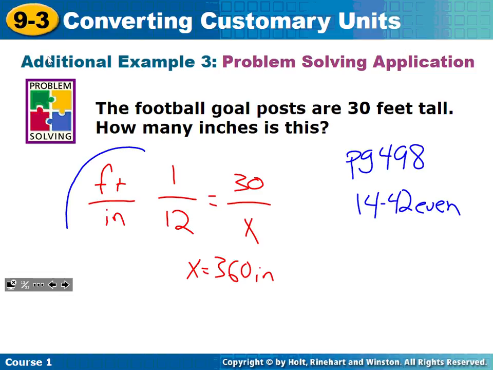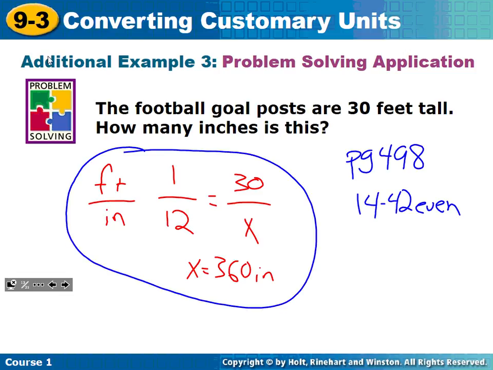Everybody, you have to understand this. Corbin, you have to show your work. You have to show me the proportion that you are setting up. Okay? You can't just give me an answer. If you just end up giving me an answer, I'm not going to accept it as done. You have to show me the proportion.